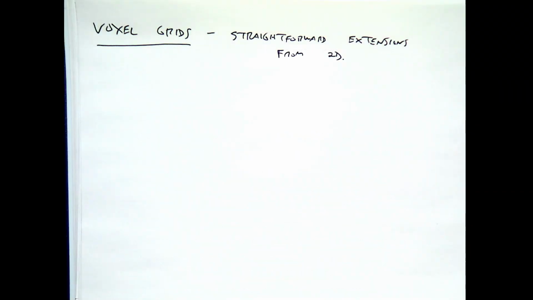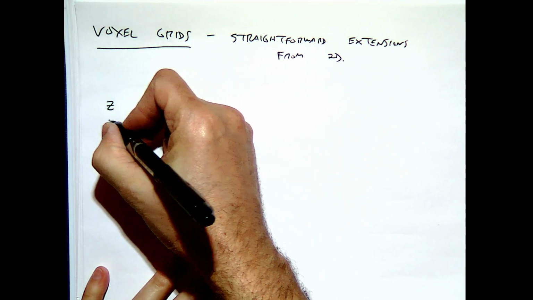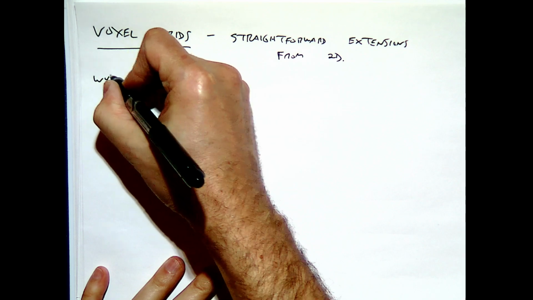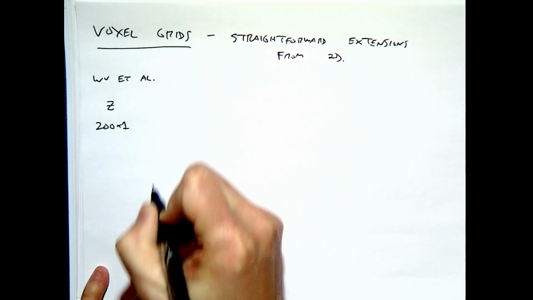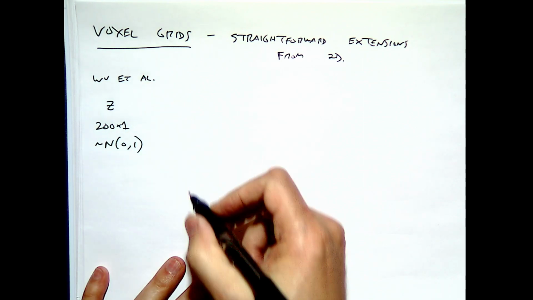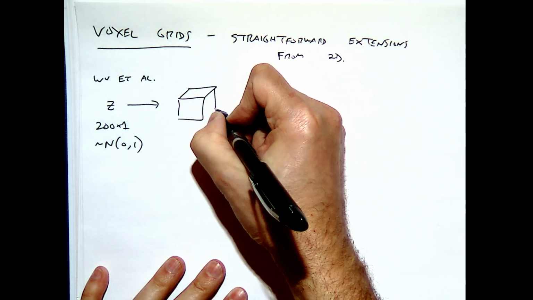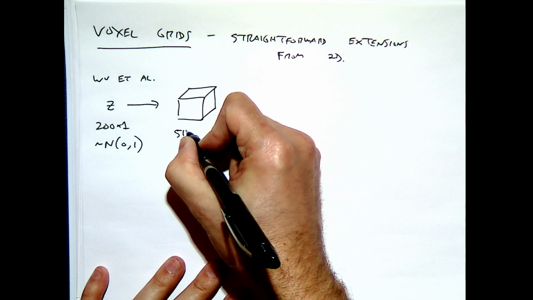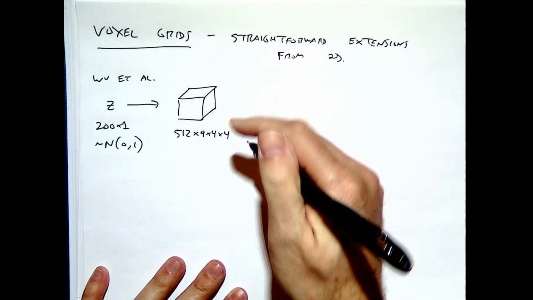So how does that work? It's a pretty direct extension of GANs to voxel grids. The idea is that you have a latent. For example, in this Wu et al. paper, we start with a 200-dimensional latent distributed as usual, like normal 0, 1. We turn that via a 3D convolutional network into a cube that has a lot of channels but low resolution.